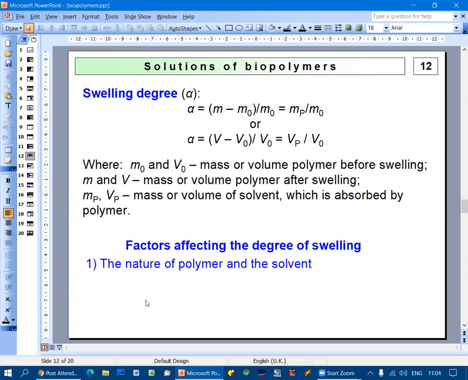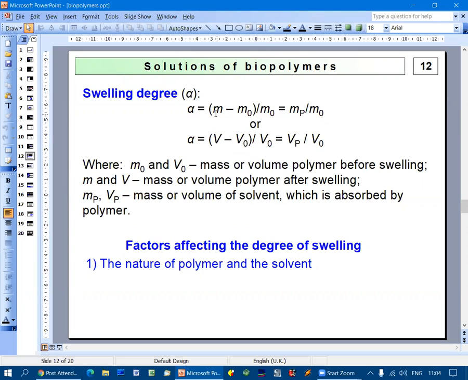It is characterized by a swelling degree alpha, which is the ratio of M or V, the mass of polymer or volume of polymer after swelling, to M0 and V0 before swelling.